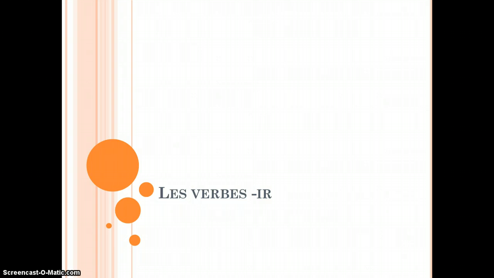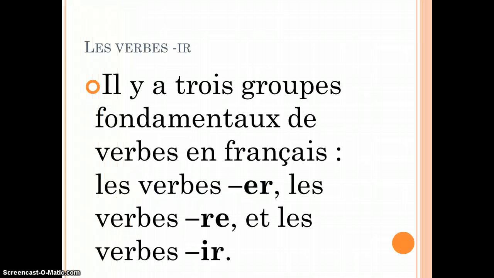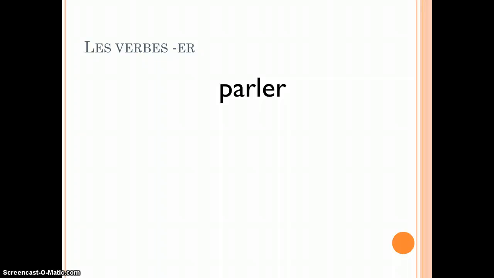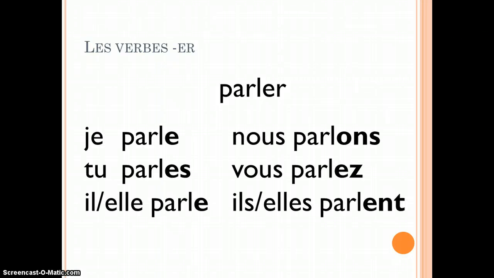Les verbes IR. Il y a trois groupes fondamentaux de verbes en français. Les verbes ER, les verbes RE et les verbes IR. Pour les verbes ER, les terminaisons sont E, ES, E, ONS, EZ, ENT.